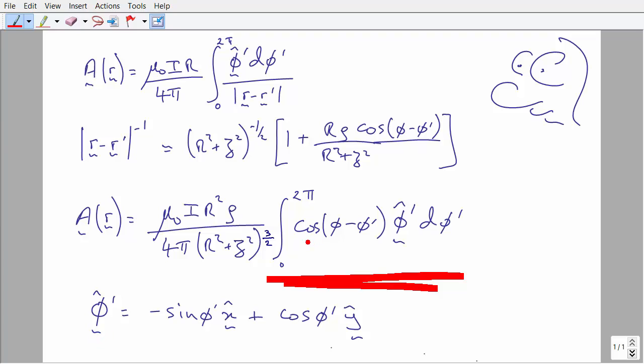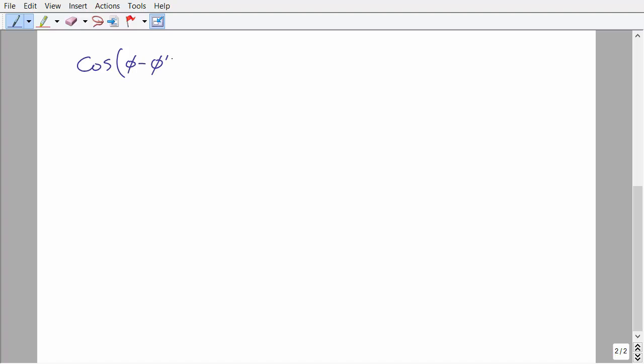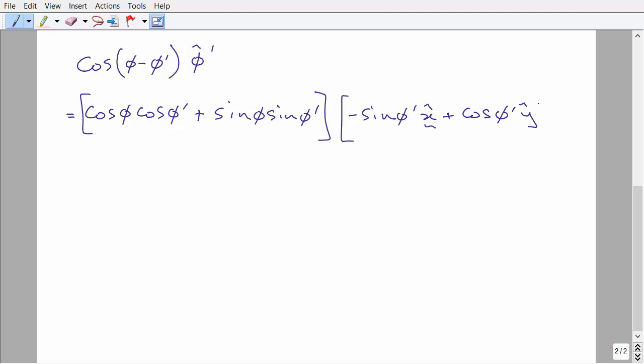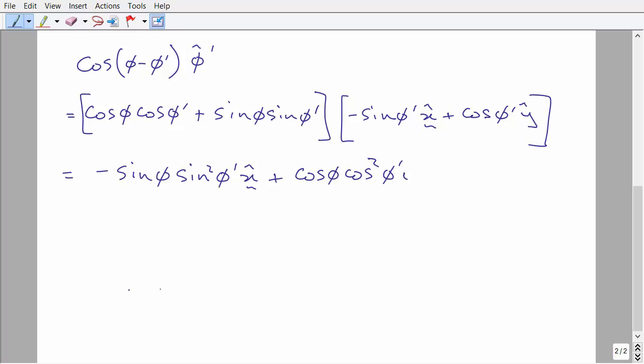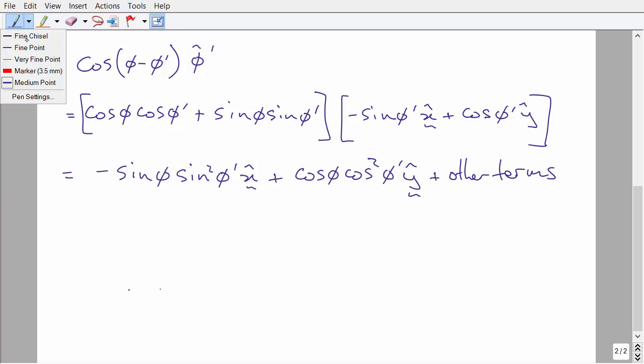Okay, the next thing I'm going to do is expand this term here, and multiply it by this unit vector on this next page.